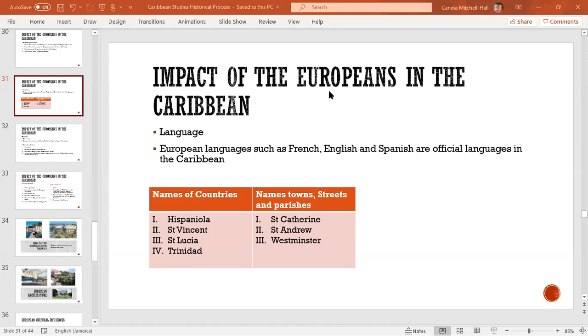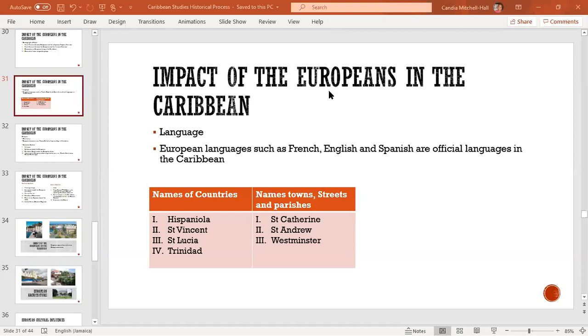Any other name? What about rivers? Rio Grande. Yes. Any other? Rio Cobre. Cobre. These are Spanish. And so we are correct, ladies. We have all these European names in our Caribbean.